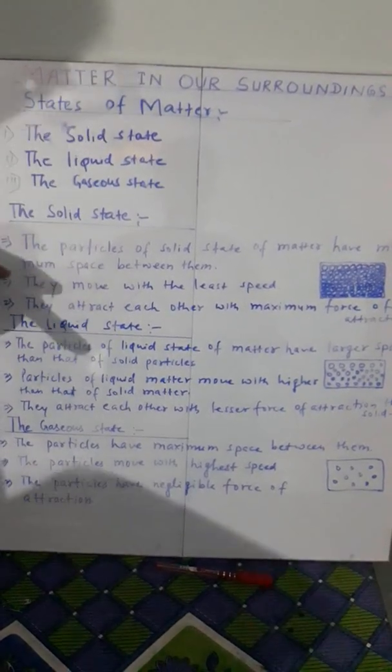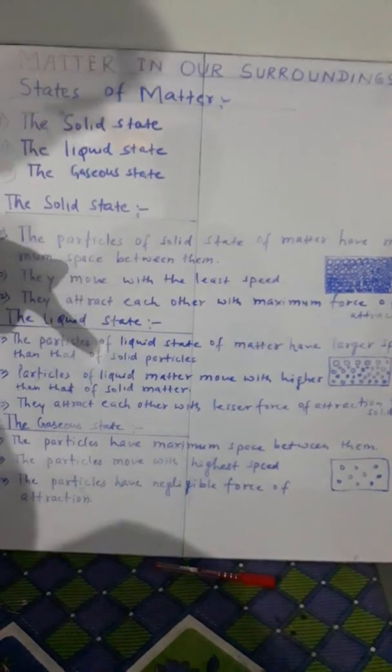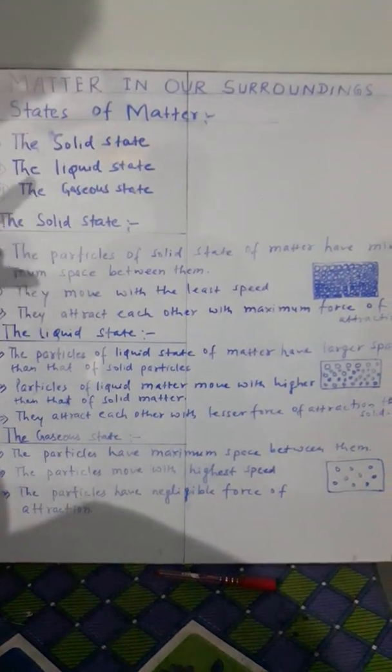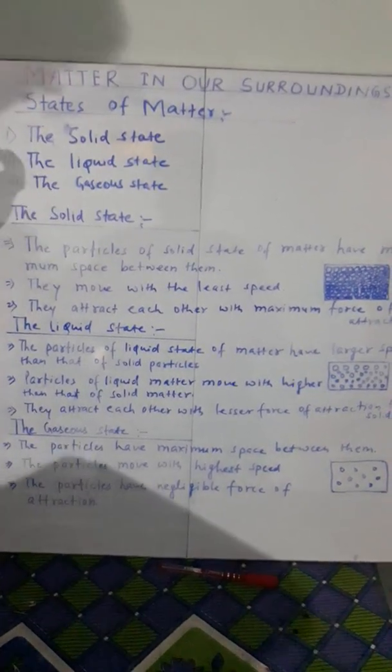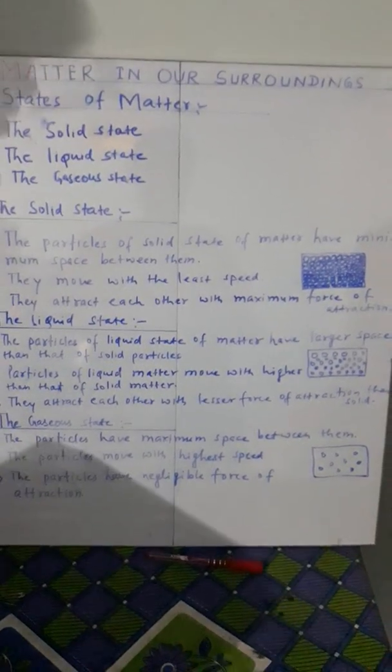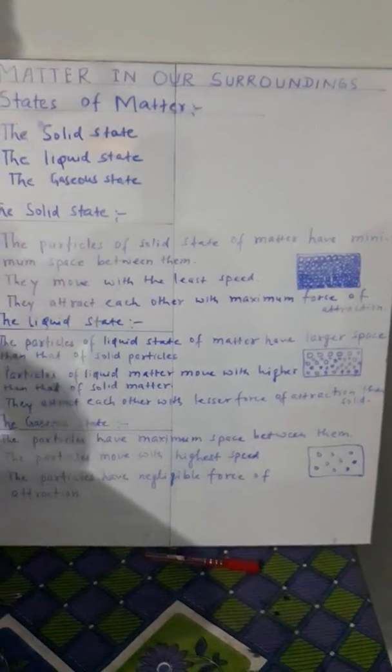In the previous case, we discussed that in the case of solid, diffusion is not possible, or only a little bit possible in some cases, but almost not possible. In the case of liquid, diffusion is there.